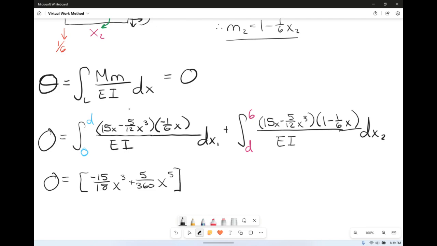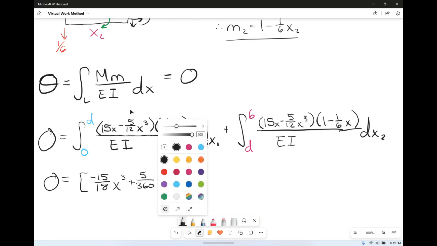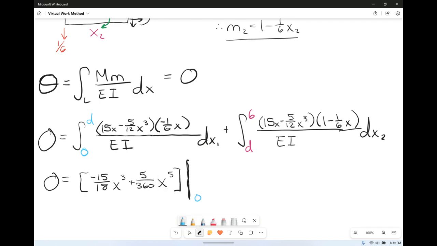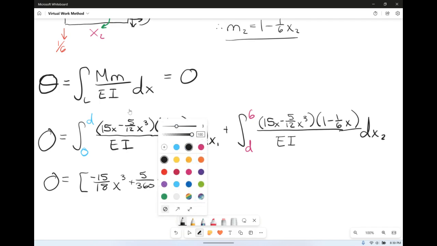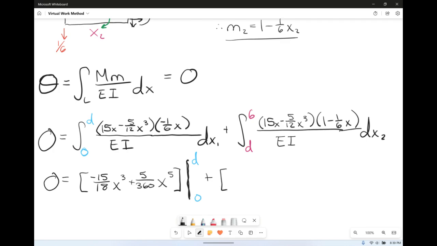That's the first integral, and remember it's going from 0 to D, plus our second one, which is 15 over 2 x squared minus 15 over 18 x cubed minus 5 over 48 x to the fourth plus 5 over 360 x to the fifth.